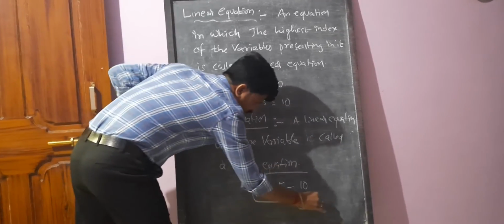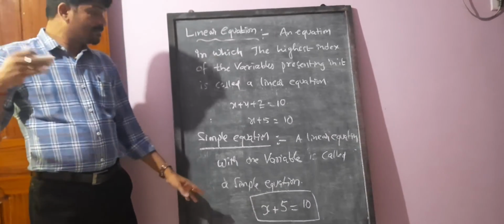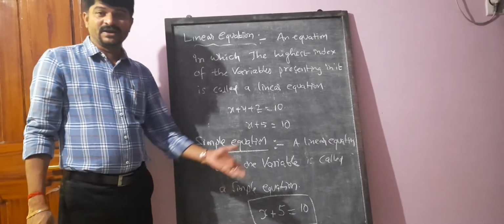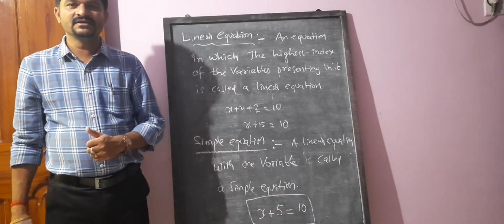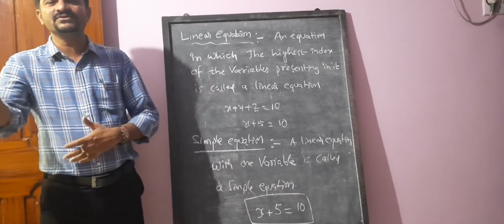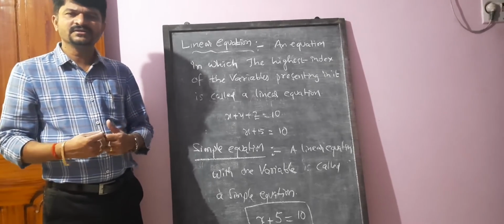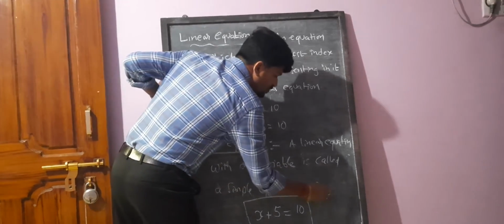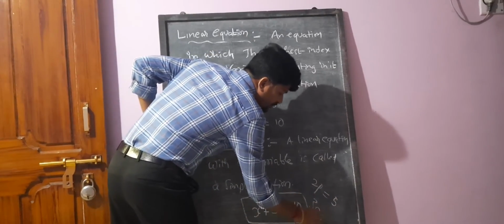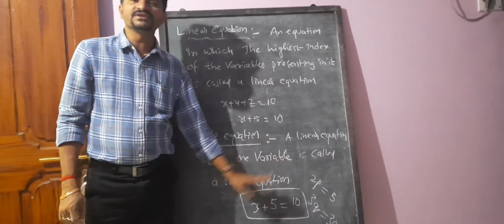This is a simple equation. You can write plenty of simple equations on your own. P plus 9 is equal to 10. Q minus 10 is equal to 100 or something. You can also write 2p is equal to 5 and 3q is equal to 30. These all come under simple equations only.